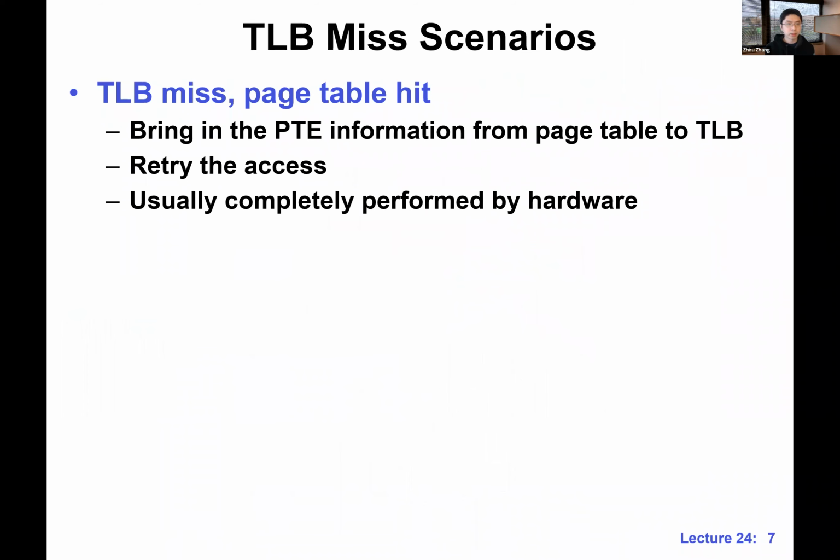Right, so I just want to further elaborate on how we actually use the TLB. When there is a TLB miss, what does that mean? There are actually two scenarios. If you miss in the TLB, first, we need to go to the main memory to find the page table. How do we find the page table? There's a special register.